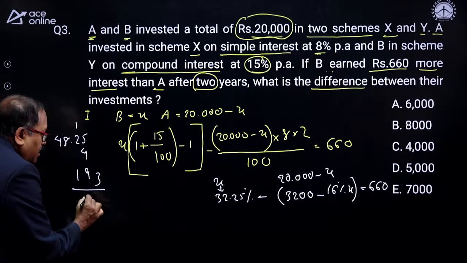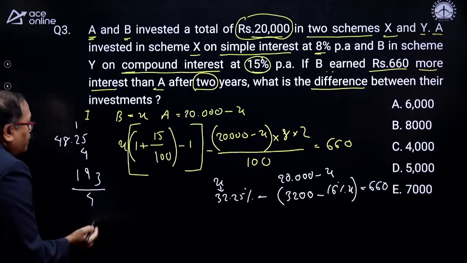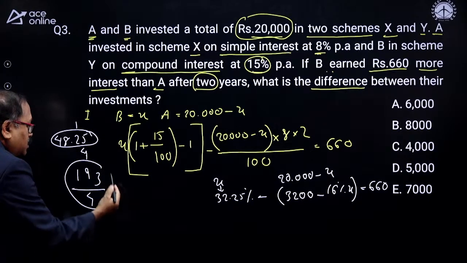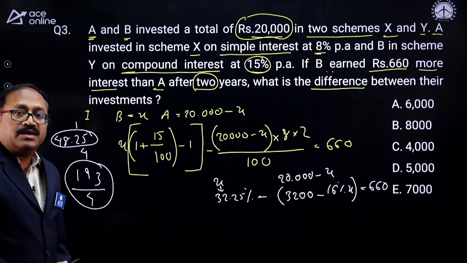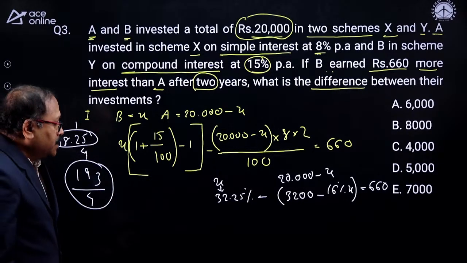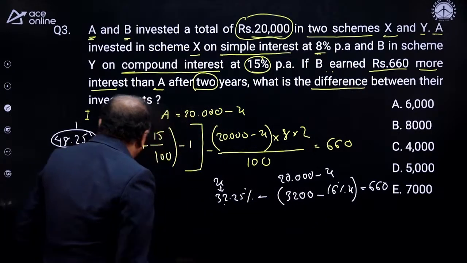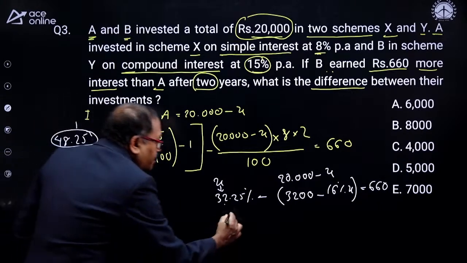So 193 by 4. I will write this 48.25% as the fraction 193 by 4%.